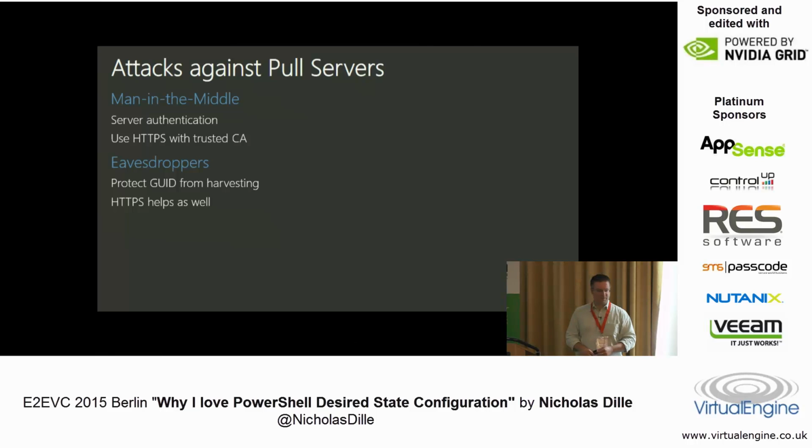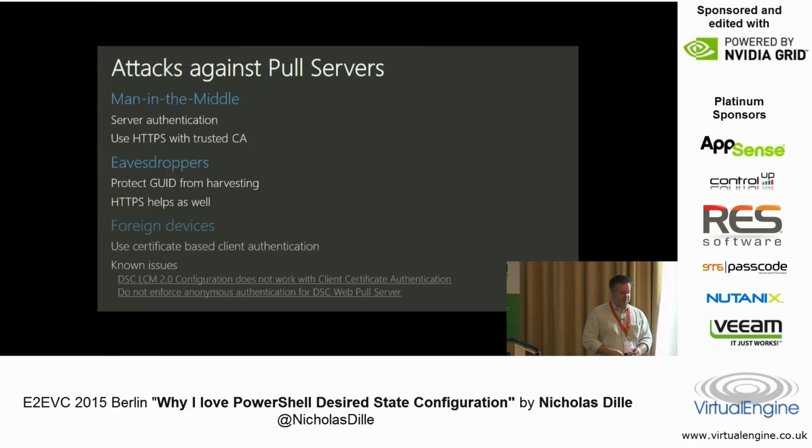Server authentication helps against this. But there are other things, like foreign devices that, let's say, somehow got hold of your root certificate and are able to connect to your server. Actually, they don't even need the root certificate, they just connect to the HTTPS server, ignore the security message, and they can pull node configurations from your pull server.